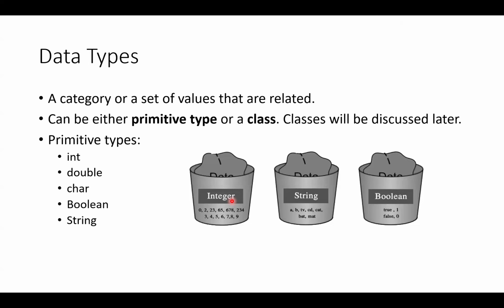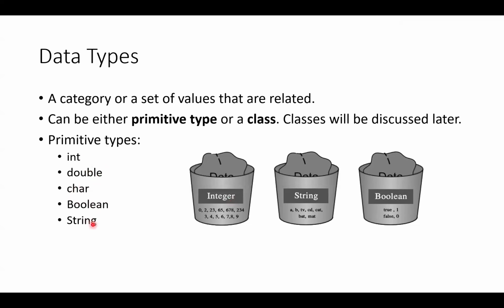And generally the data types are referred to as primitive data types. And there are also non-primitive data types, but in this class, we are focusing only on primitive data types. The concept of classes would be discussed in later classes. But right now, understand that there are many different kinds of primitive data types: integer, double, character, Boolean, and string.